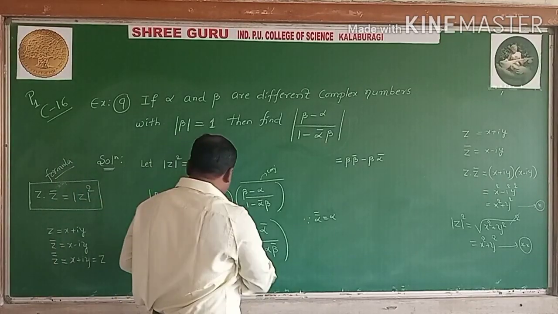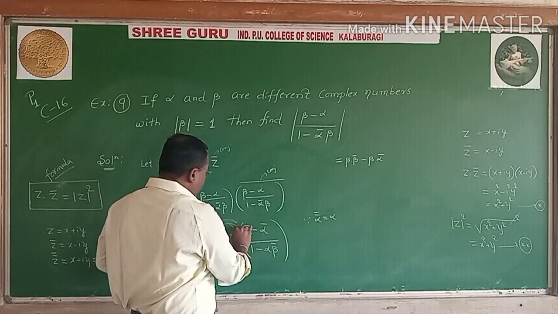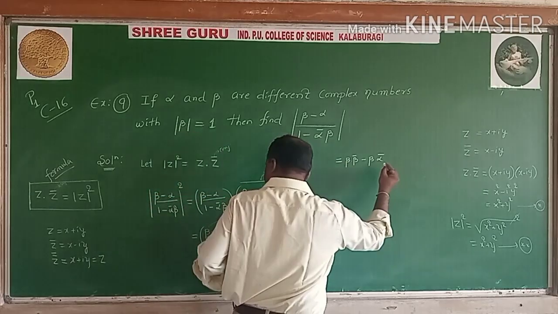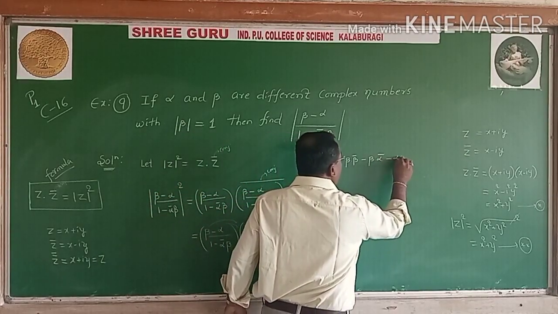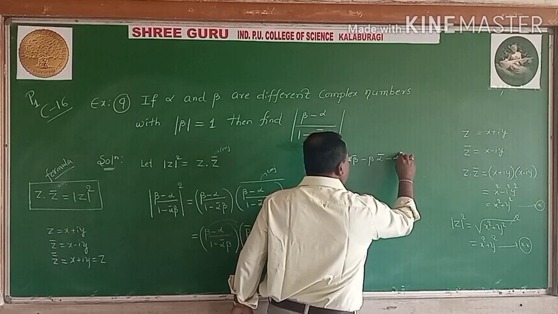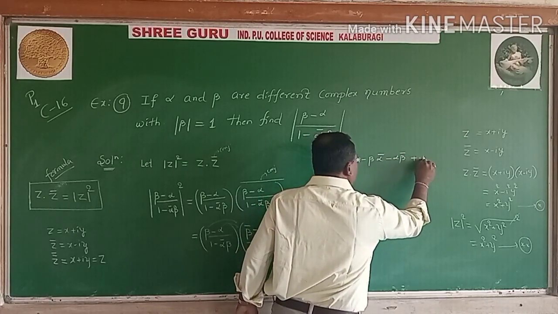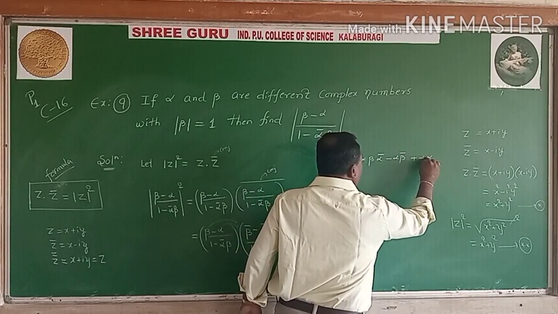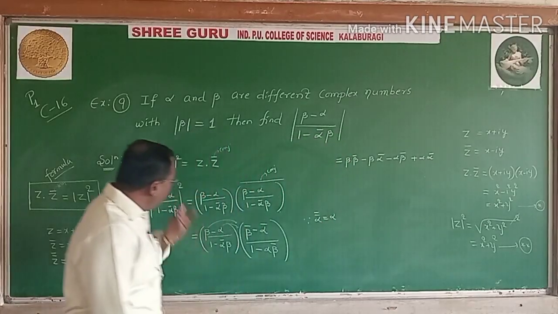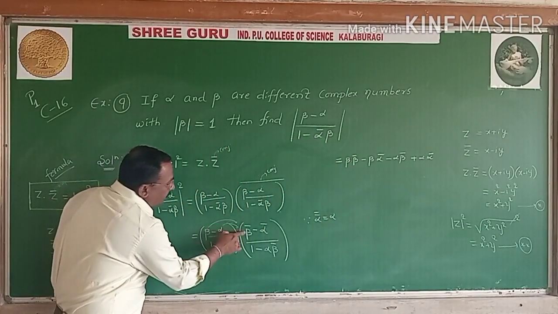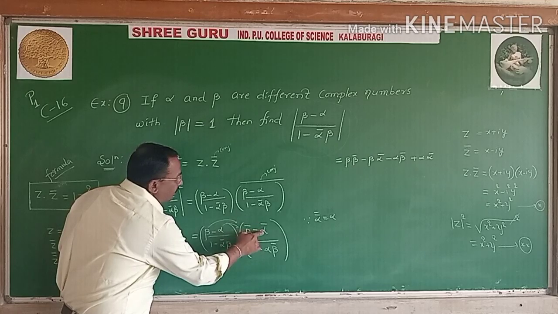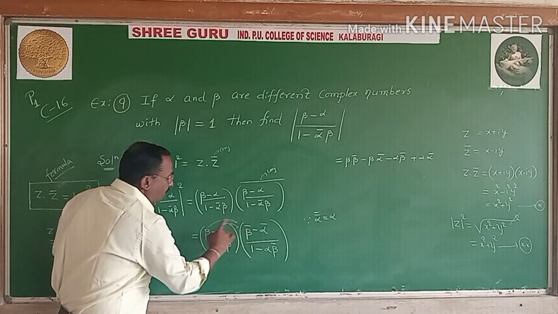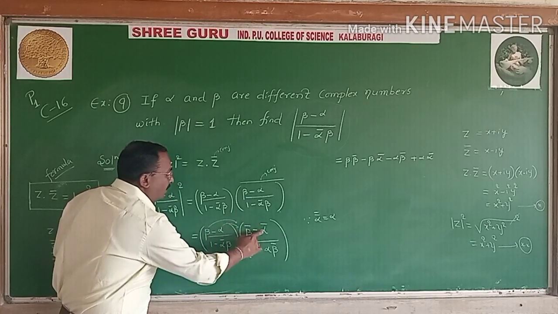Next, alpha: start here, beta complete. Next alpha, start. Minus alpha beta bar. Minus minus plus alpha bar. Any doubt here? Beta beta bar minus beta alpha bar minus alpha beta bar minus minus plus alpha bar.